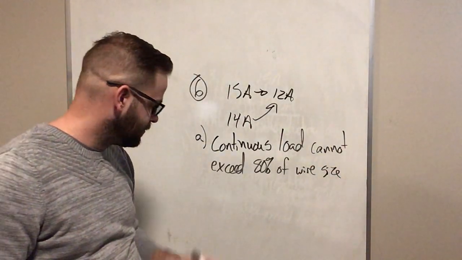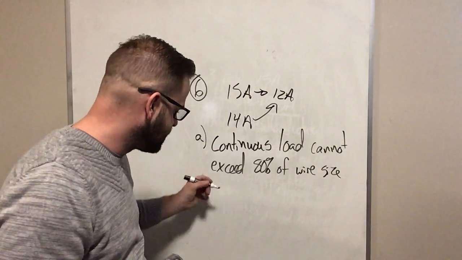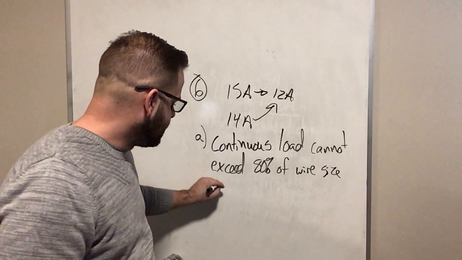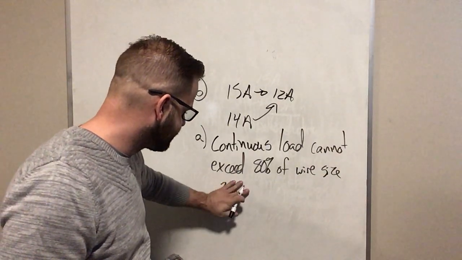So let's say my wire size is going to give me availability of 25 amps.